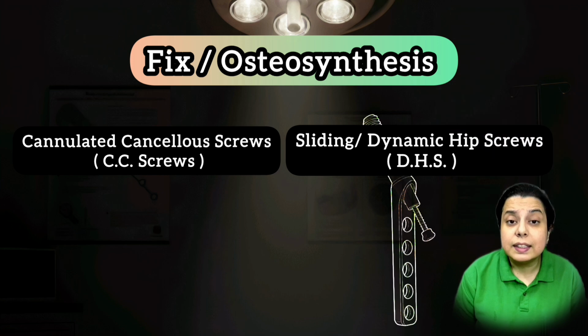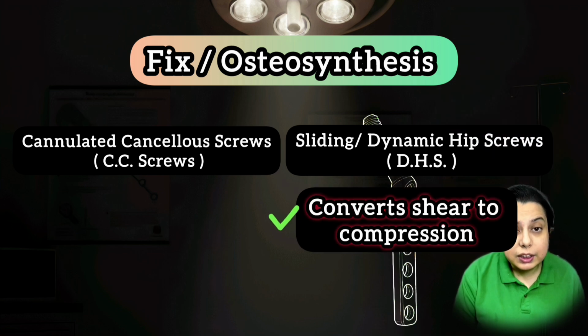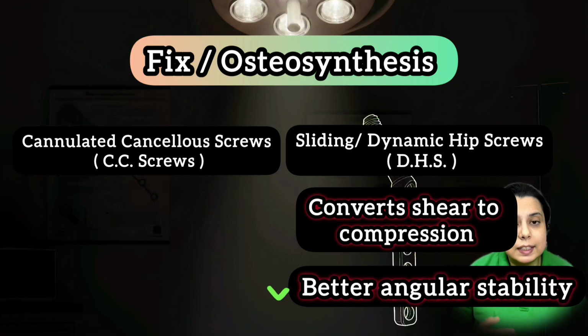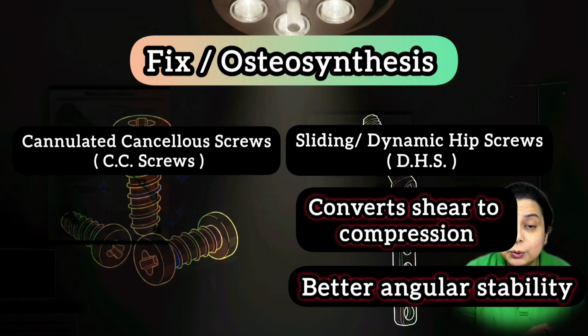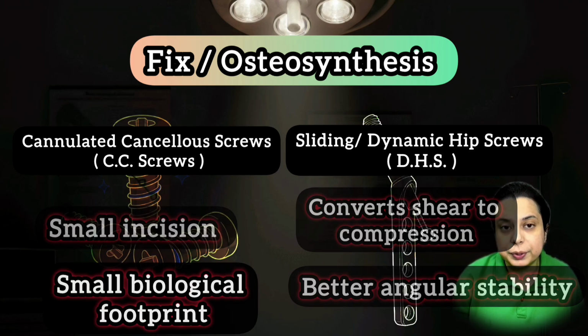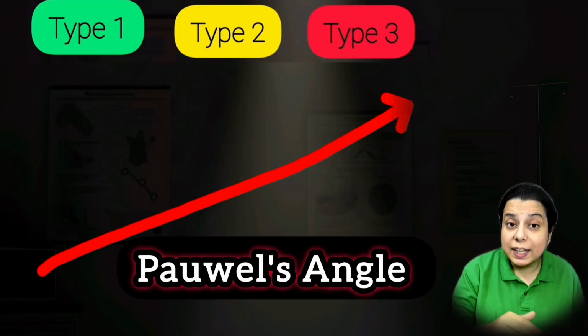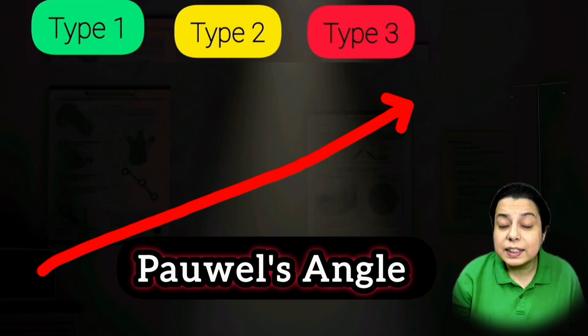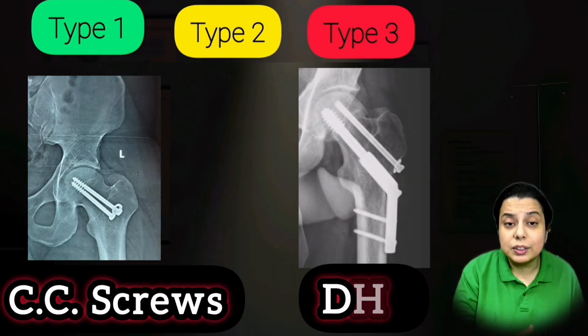The DHS is the implant which converts shear into compression and therefore provides better angular stability than any CC screw. On the other hand, CC screws require a very small incision, leaving a smaller biological footprint. So, as the Pauwels angle increases, the preference gradually shifts from CC screws to DHS.